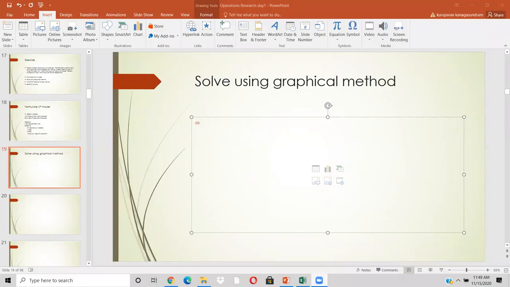Yes, it can be solved. How are you saying this can be solved using the graphical method?